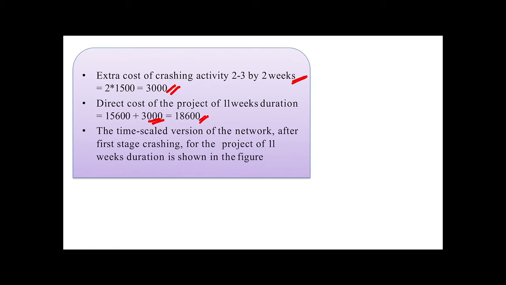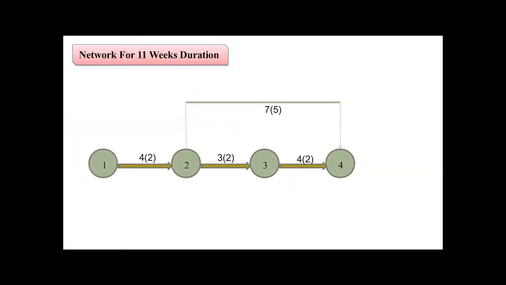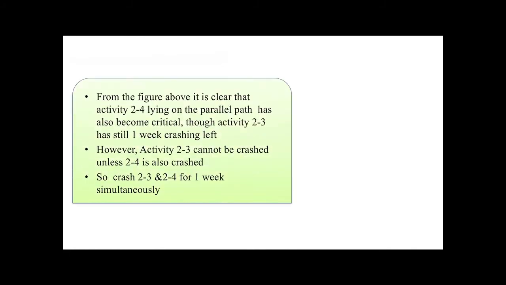The time scale version of the network after the first stage crashing for the project of 11 weeks duration is shown in the figure here. As you can see, we have crashed the activity up to 3 weeks. Previously it was 5 and we crashed by 2. Now we have only 3 weeks. Now we can't crash this activity. Now we'll go for the second activity.